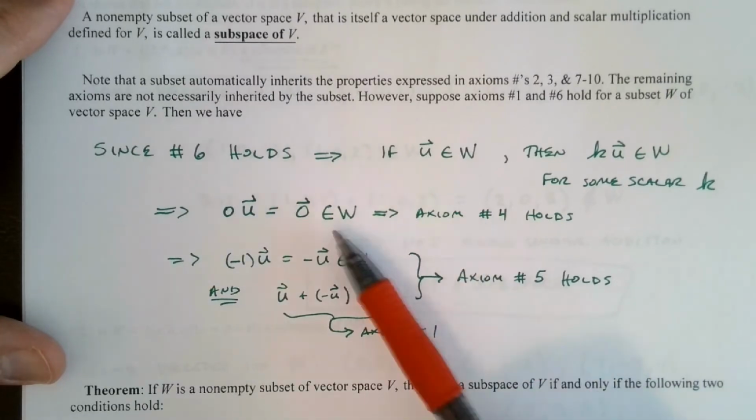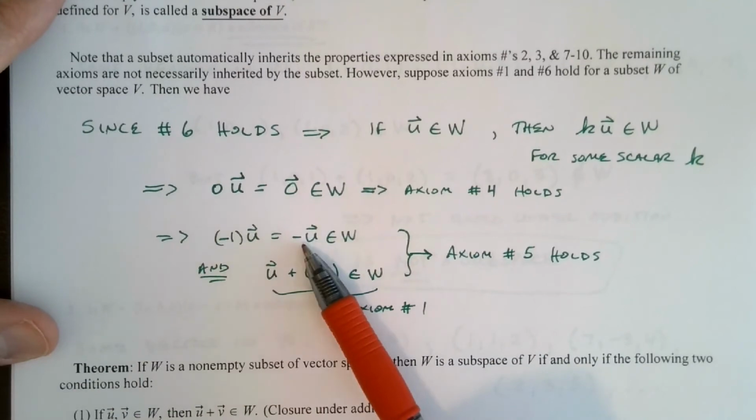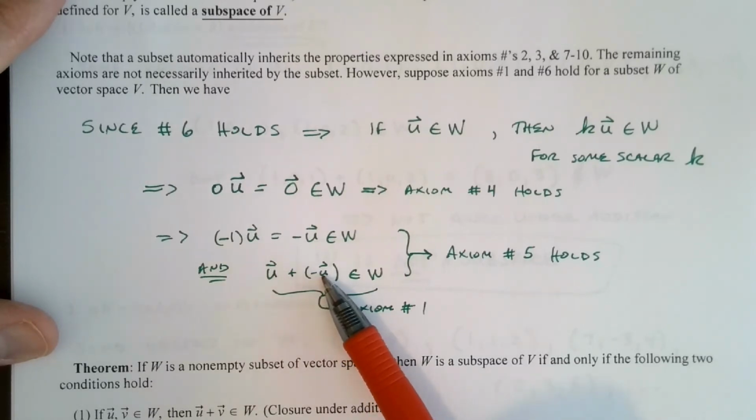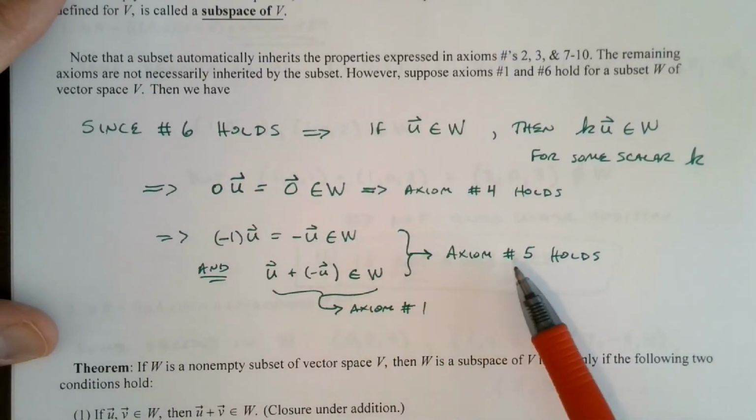That says we have to have that 0 vector. Also, if I multiply U by -1, I get negative U. That's in W. And since U plus negative U, by axiom number 1, which we're assuming holds, also is in W, axiom number 5 holds.